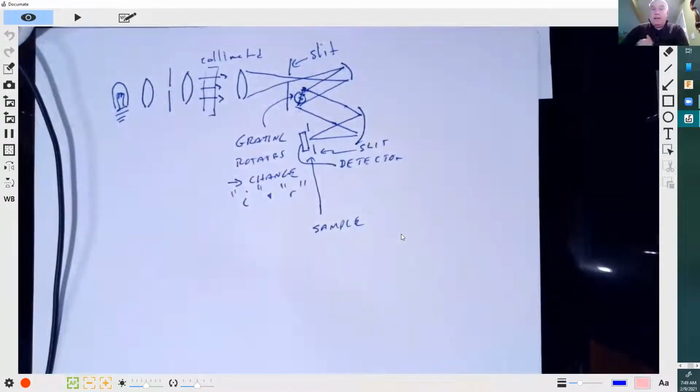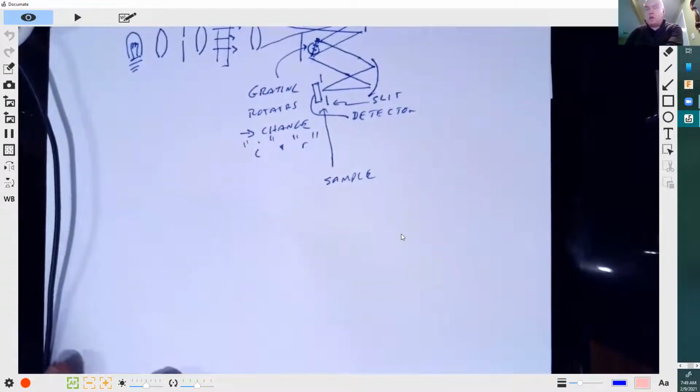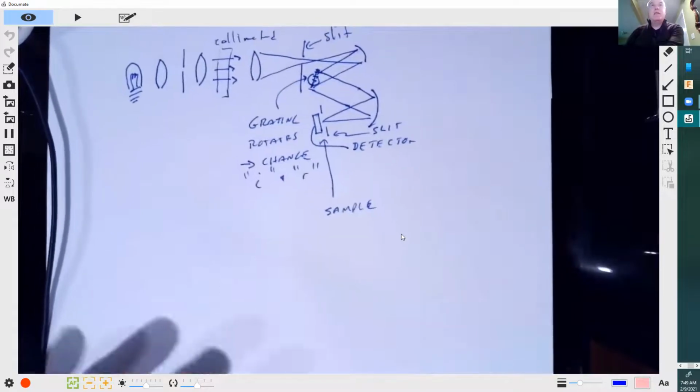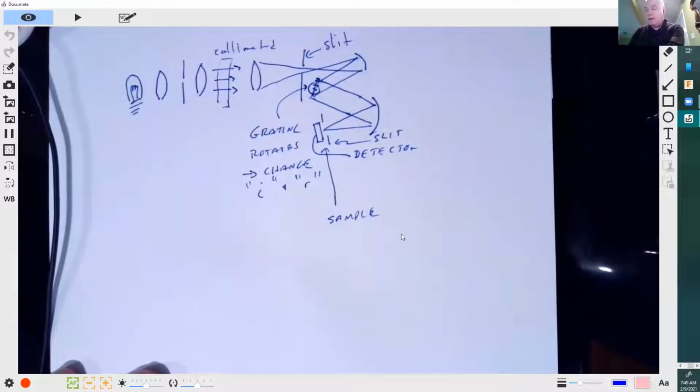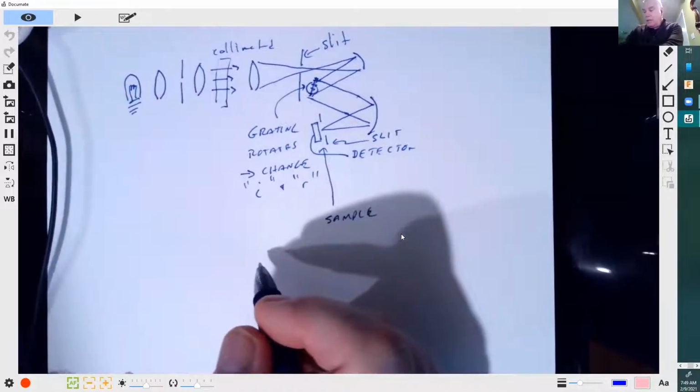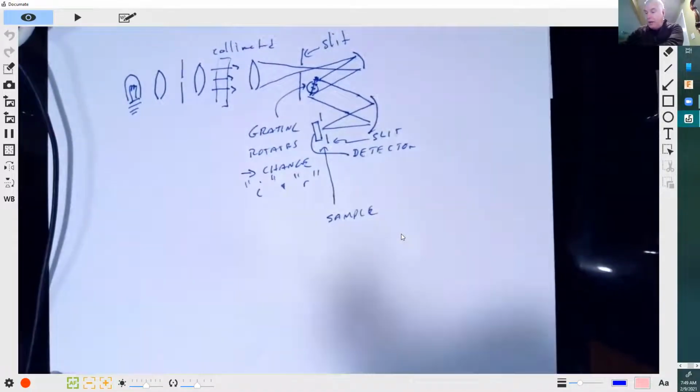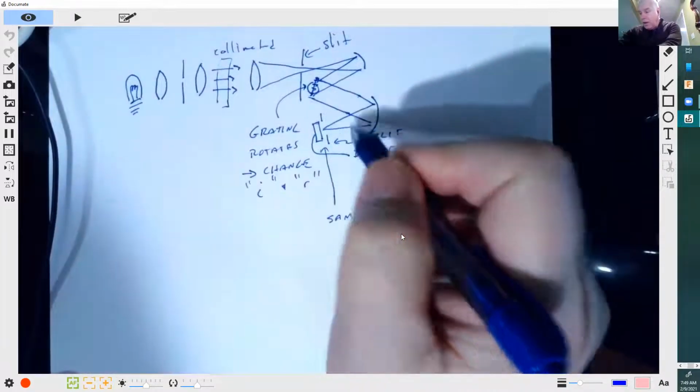On the other hand, the more common type of spectrophotometer nowadays are called CCD array detectors. And with CCDs, you have no exit slit.